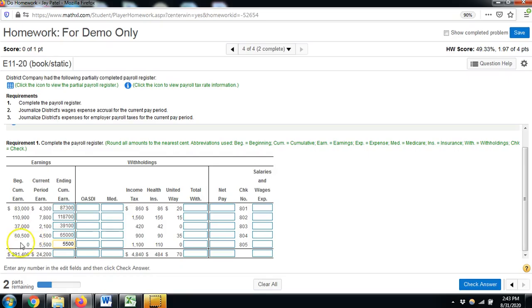One thing to notice is that we have a new employee here. They had 0 beginning balance and they just have this first 5,500. So this is their first pay period. So little things like that you should notice because that's going to affect some of these calculations.